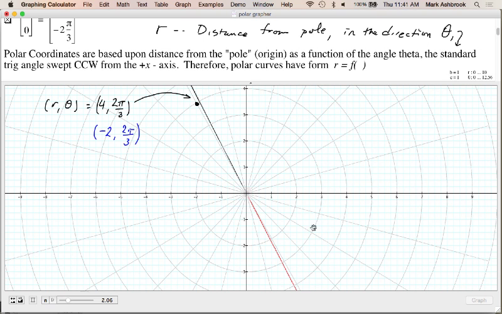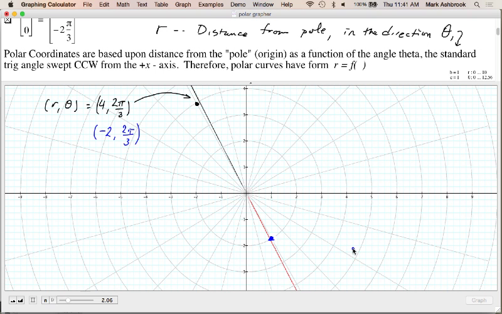So that point would be right here. That's the point (-2, 2 pi over 3). Does it make sense? So the angle sets the direction of positive r. Negative r will be backwards from the pole from that.